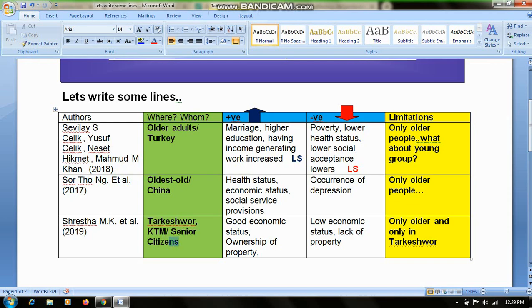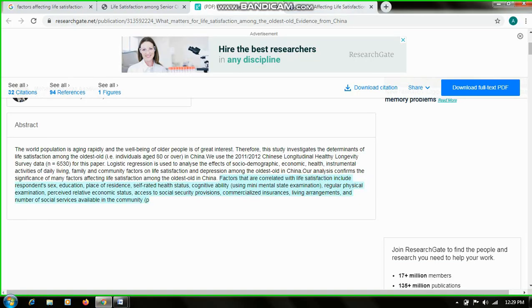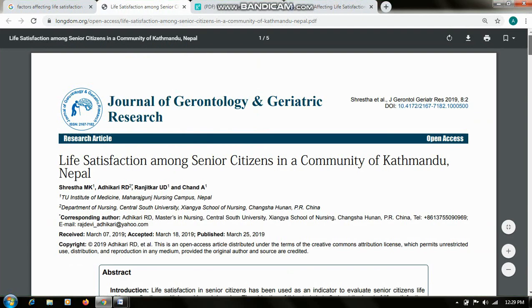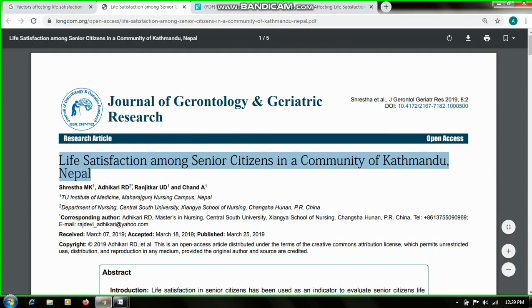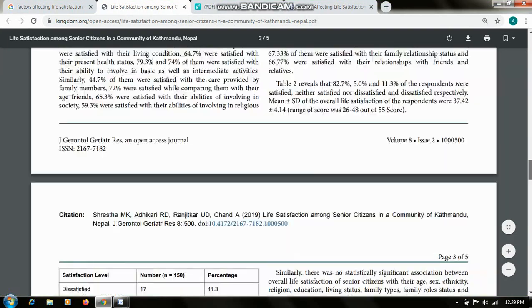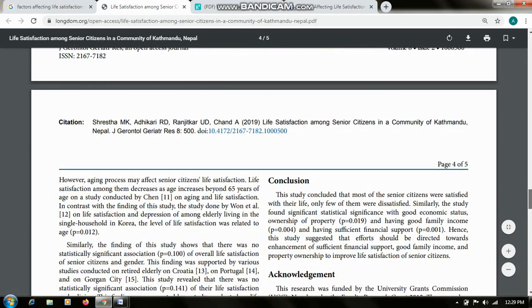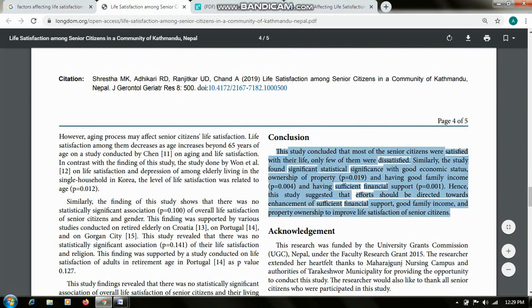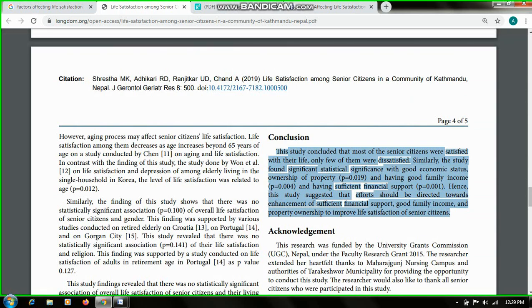Now let's see from Kathmandu. What is the evidence in Kathmandu? Okay, this is the article, guys. Life satisfaction among senior citizens in Kathmandu, Nepal. You can go through all the text. I've gone through the conclusion here. See, this study concluded that most senior citizens were satisfied.